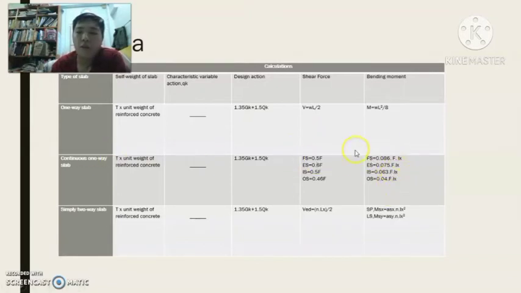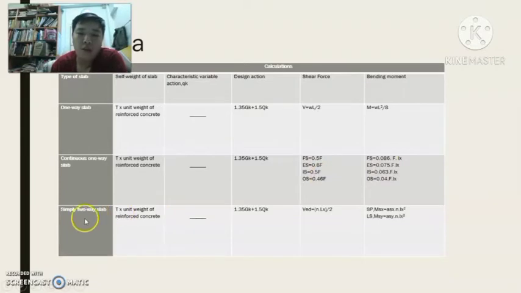That's why it has a more complicated calculation, where Fs is the first interior support, Es is near middle of end span, Is is at interior support and interior span, and Os is at outer support. So it has 4 components for the bending moment, and the same for the shear force.